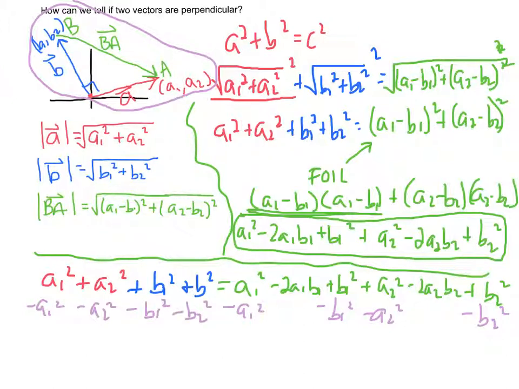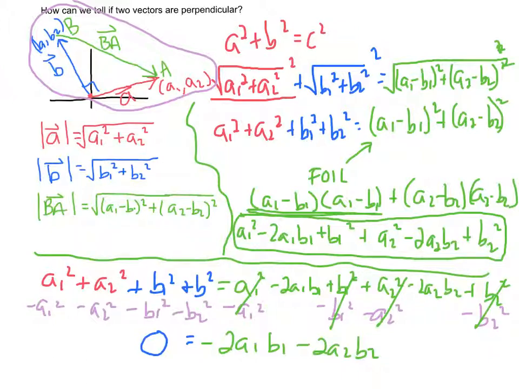And so what you notice is the left-hand side ends up just being 0. And the right-hand side, pull up green here, ends up being, let's see, this is gone, this is gone, this is gone, this is gone. We've got minus 2a1 b1 minus 2a2 b2.